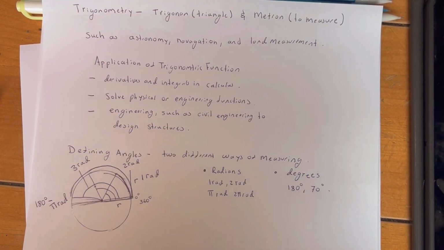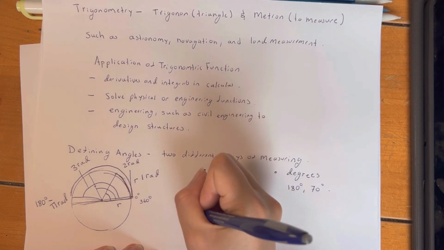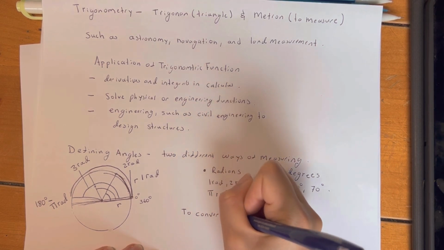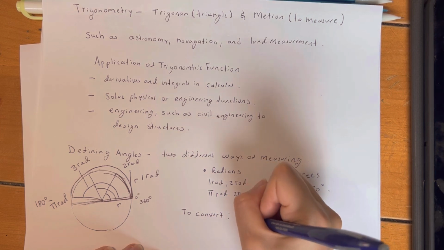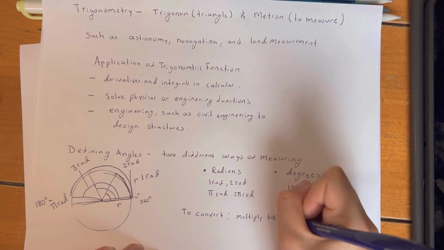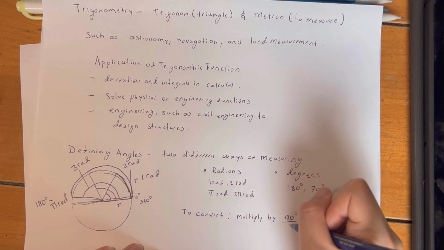Suppose you have radians, but you want them in degrees to do some calculation. You have to use conversions. So to convert, you will multiply by 180 over pi.